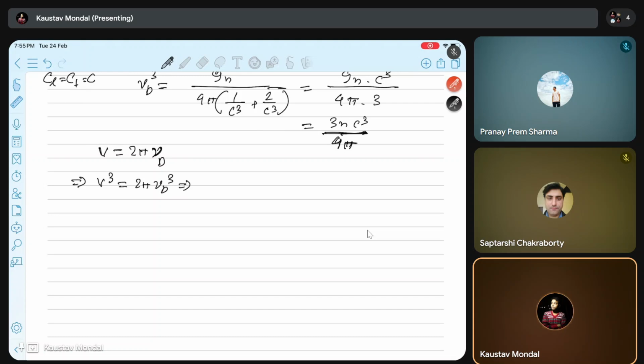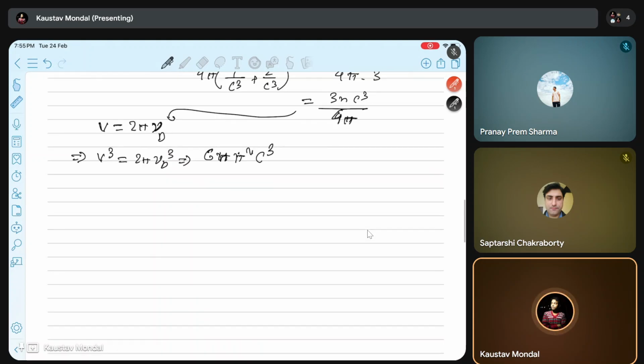Now from here it would become 6 pi square n C cube. If you substitute this thing here, it will become 6 pi square n C cube.